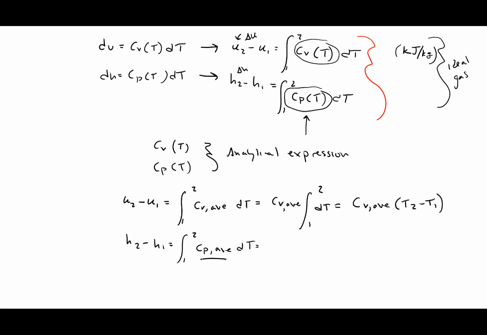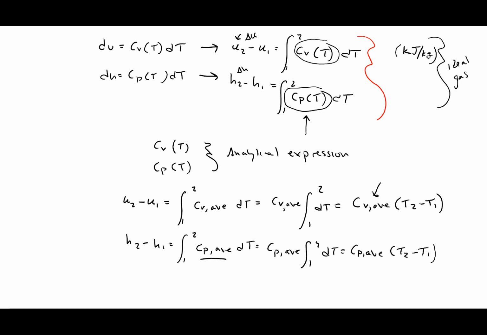So then C sub P average is a constant, so we pull it out of the integration, and we get C sub P average times (T2 minus T1). So now it's just a matter of looking up what C sub V average and C sub P average are and multiplying them by the temperature difference to get the change in internal energy or the change in the enthalpy.